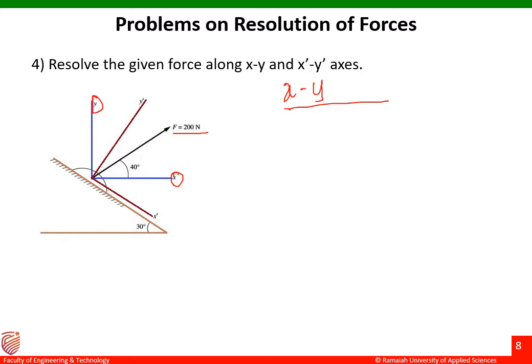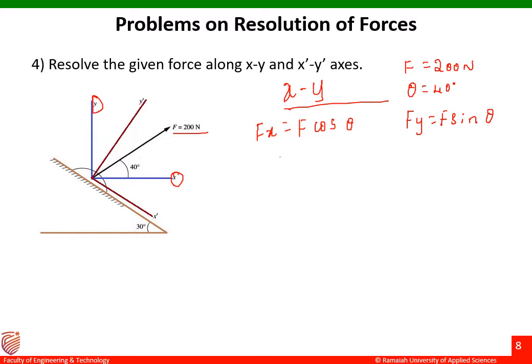For this one we can easily resolve the forces: Fx equal to F cos theta and then Fy equal to F sin theta. The value of F is 200 Newton and the value of theta is 40 degrees.